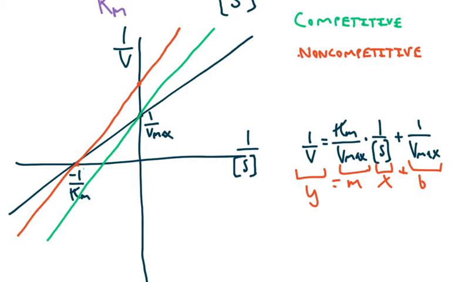There's also a type of inhibitor that is called a mixed inhibitor. So here I want to address something that I didn't mention before. The competitive inhibitor binds only to the enzyme, not to the enzyme-substrate complex, because the enzyme and substrate cannot be bound when the competitive inhibitor is there.